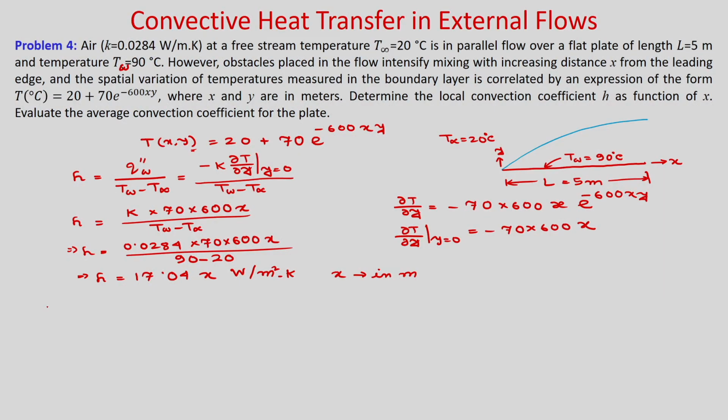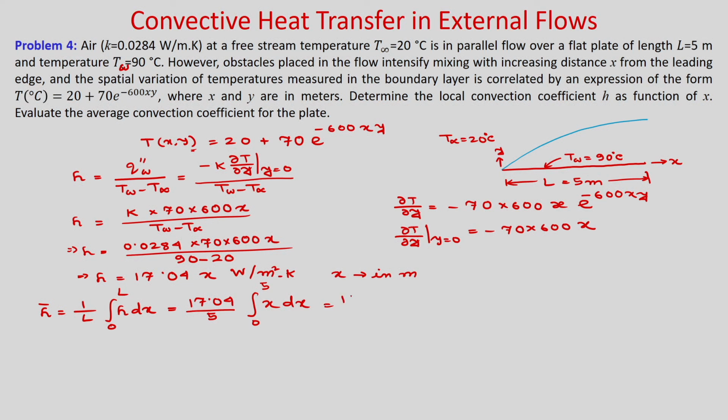So, the average heat transfer coefficient H bar you can write as 1 by L integral 0 to L of H into dx. You can see H is 17.04 into x, x you keep inside the integral, L is the length of the plate, 5 meter, 0 to 5 x into dx.